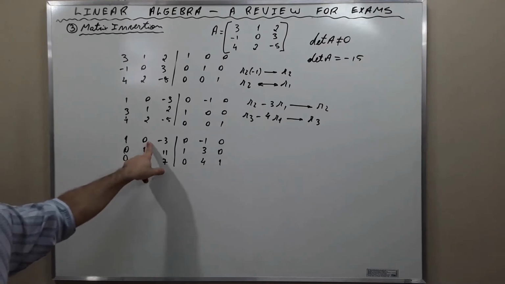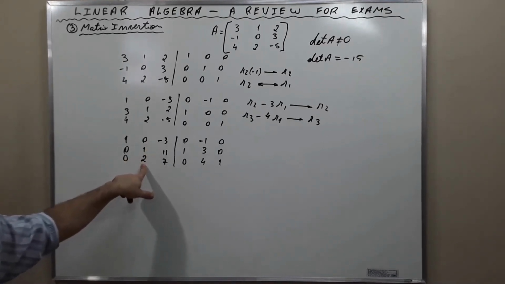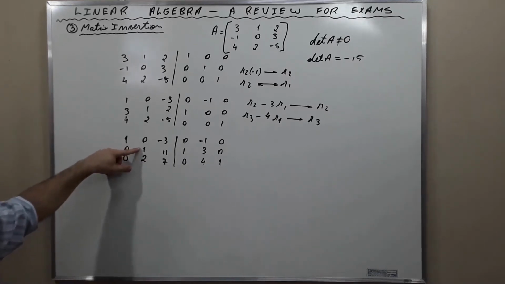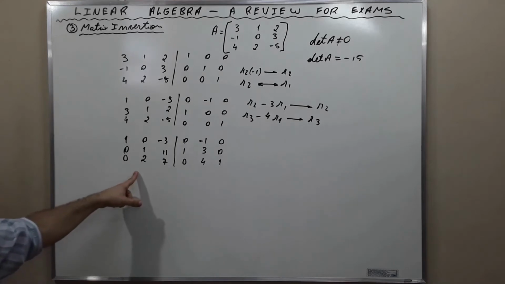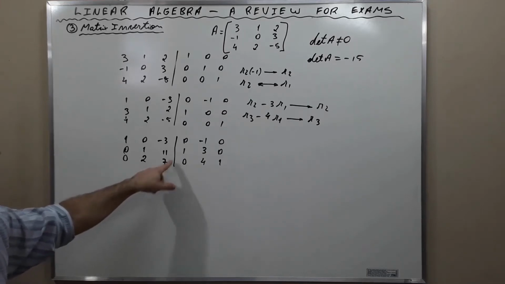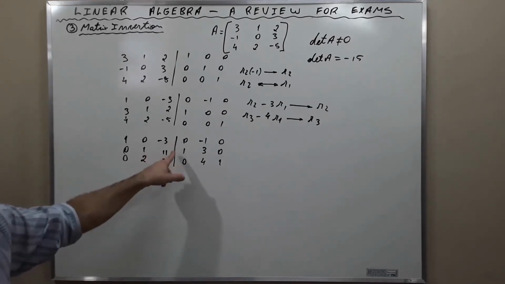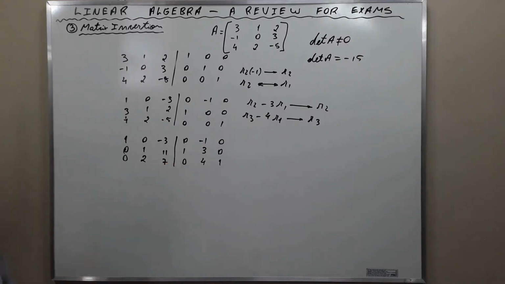We have already a 0 here, and we want to make a 0 appear here, so that only this one exists in this column. And in the place of 7, we want to make a 1 appear, and in the place of -3 and 11, we want to make 0 appear. This is our objective. This is what we are going to do.